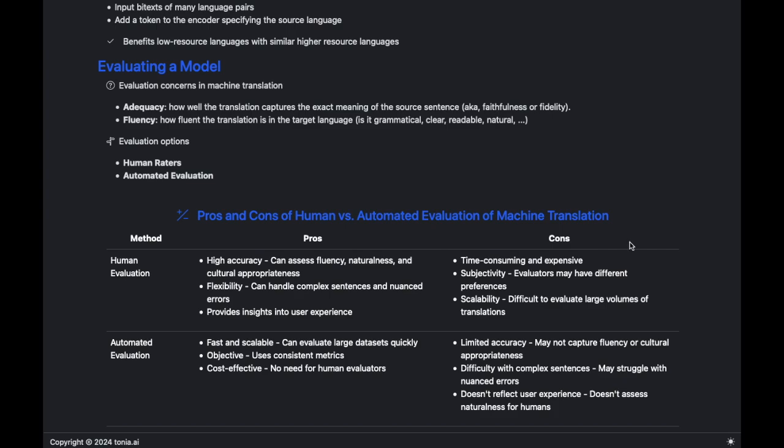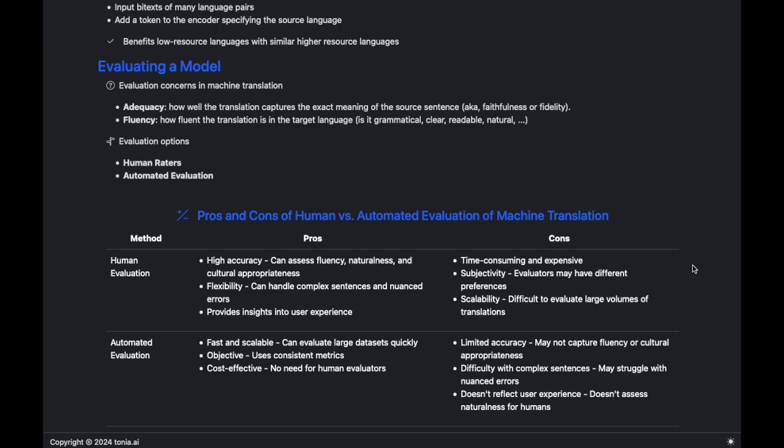The cons of doing human evaluation include it is time-consuming and expensive. Of course, it's time-consuming because humans are going to be slower at reading through the translations and evaluating their adequacy and fluency. And it's going to be expensive in terms of employing the humans to perform those tasks. There is some subjectivity that comes into play when we're dealing with humans.